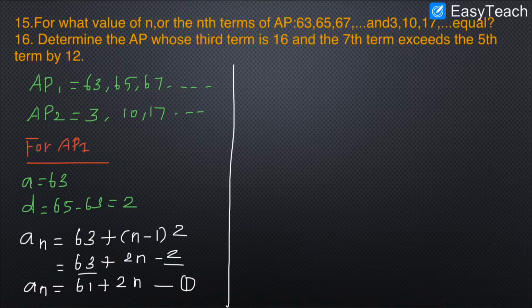And for AP2, let's find out the A and D values. A equals 3 and D is 10 minus 3, which is 7. So let me write the An value for AP2.